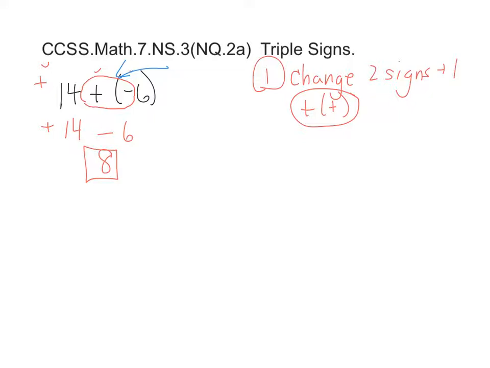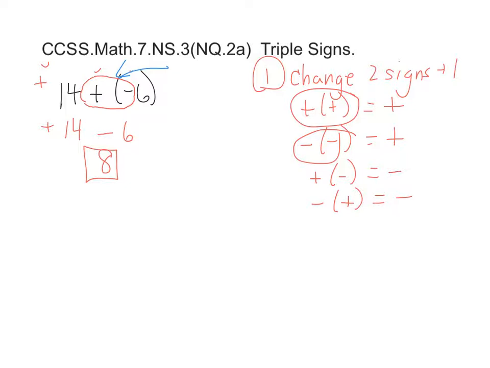You are to change those and they become one positive. And if there's a negative with a parentheses, negative inside number, you are to change those and those become positive because they're both the same. And if you have one and a negative, they're different, so they're subtracting, or one and maybe a positive in here. I've never seen that, but let's go for that. So those two signs become one sign.